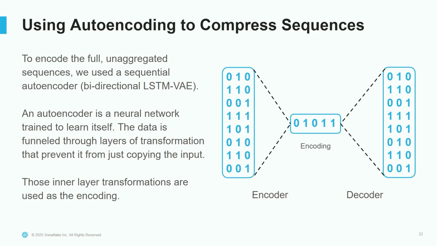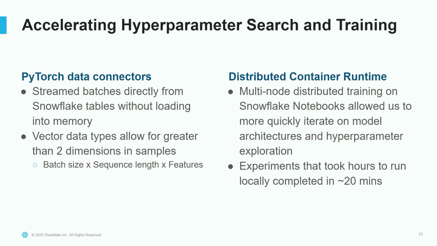So this we did with PyTorch, using the PyTorch data connectors that Snowflake ML has. This streams batches directly from your Snowflake tables, which are those features that we had shown there. Streams those batches directly without loading into memory. And in this case, because it is a recurrent neural network, it's more than 2 dimensions, right?